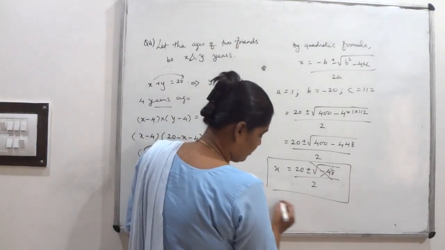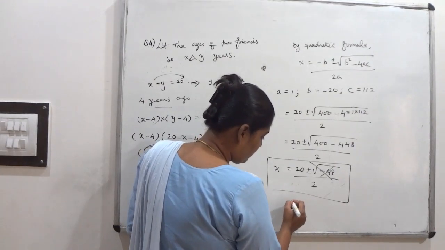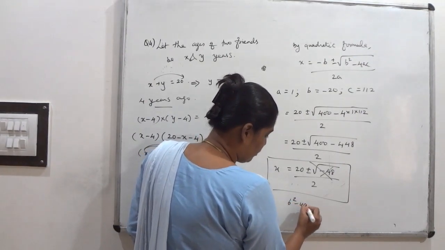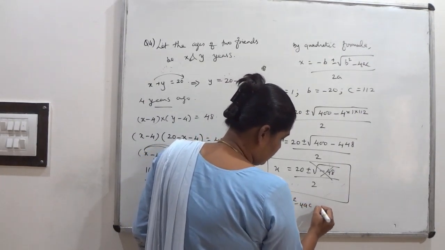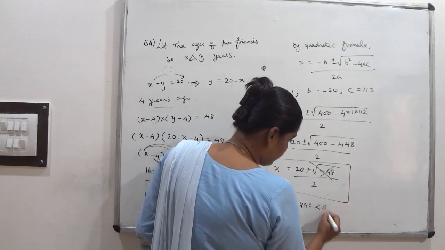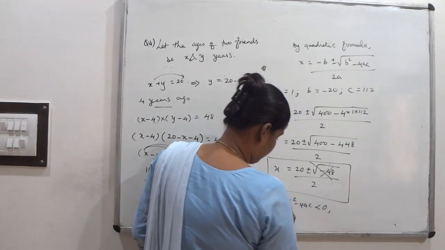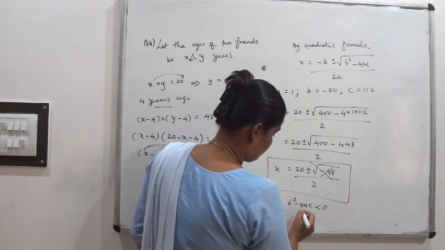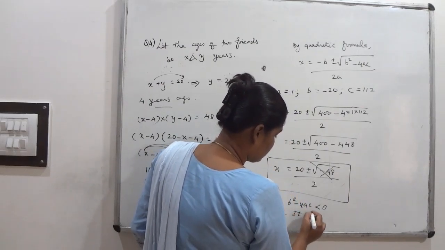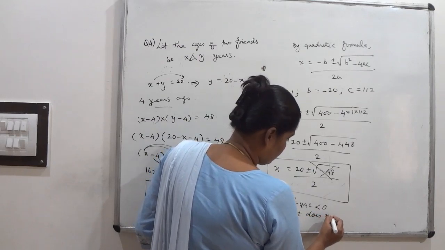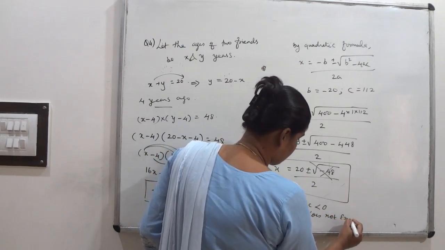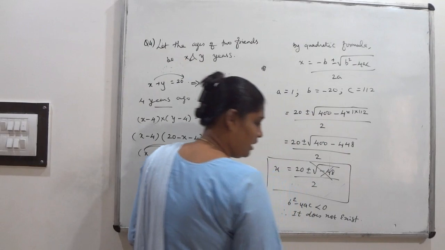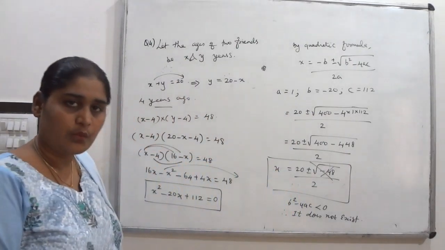That's why write it here: b square minus 4ac is less than 0. Therefore it does not exist. We aren't able to find the x value of the quadratic equation. Thank you.